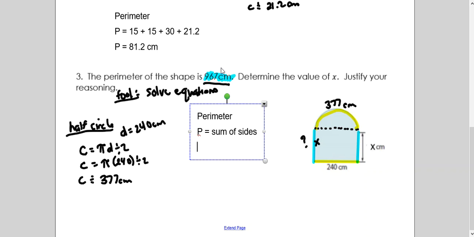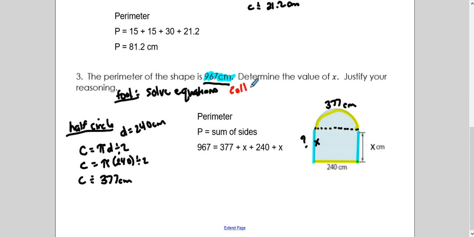The perimeter at the start was 967. Oh, that's good. 377 plus x plus 240 plus another x. Well, now we know how to solve equations. So what we can do is, when we solve equations, we collect like terms.